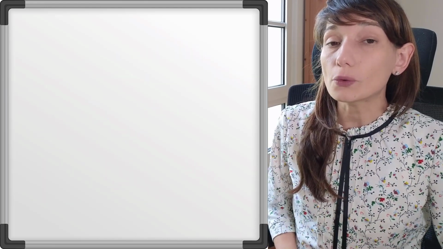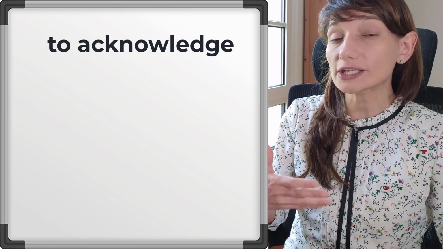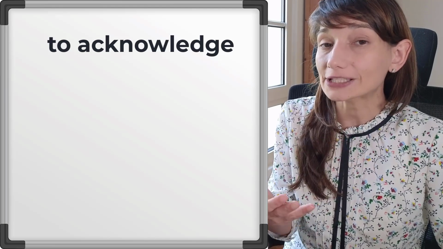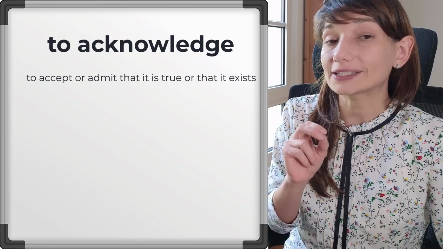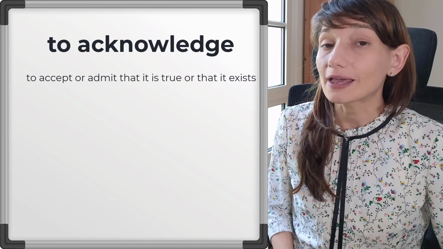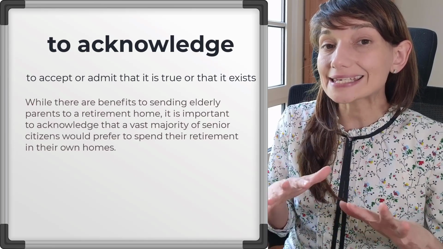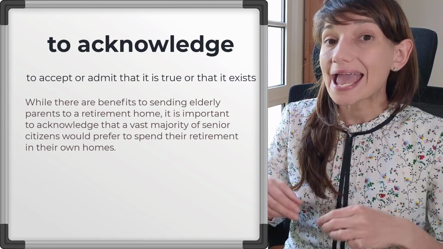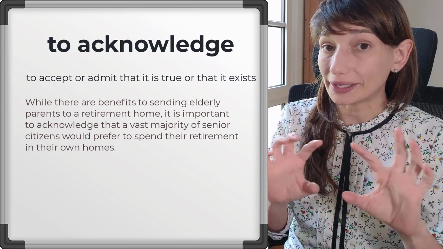The next verb we will take is to acknowledge. If you acknowledge a situation, or if you acknowledge a fact, you accept or you admit that it is true. For example, I can say that while there are benefits to sending elderly parents to retirement homes, it is important to acknowledge, to admit, right?